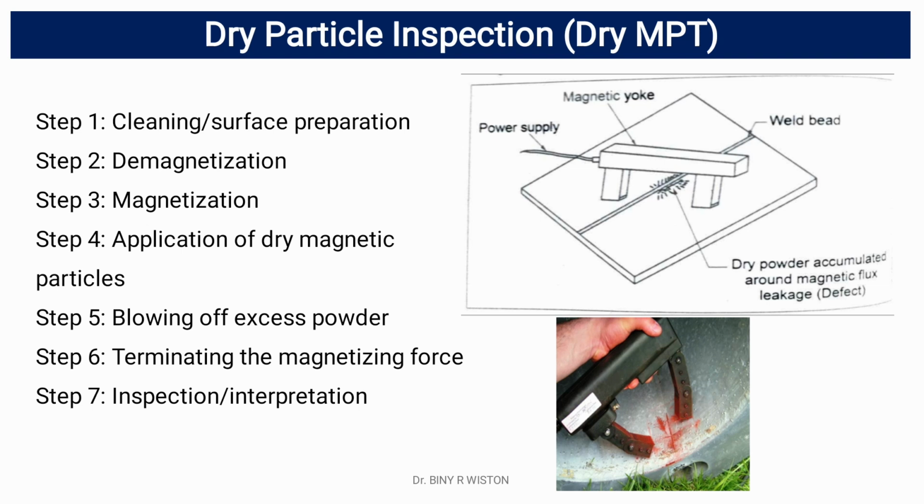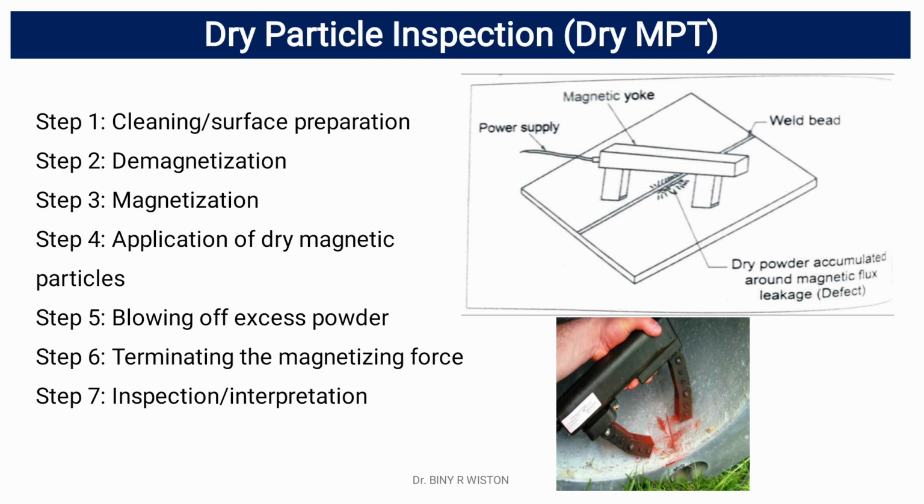In dry particle inspection, dry powders are applied on the surface of the test object, and then the item is magnetized. Dry particle inspection is well suited for inspections conducted on rough surfaces.